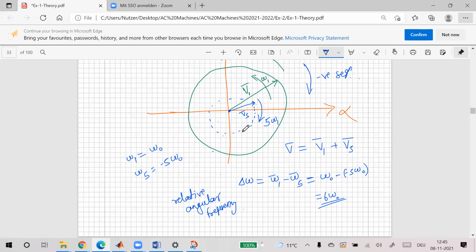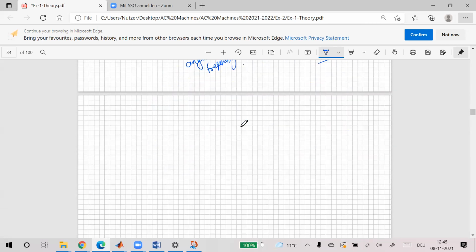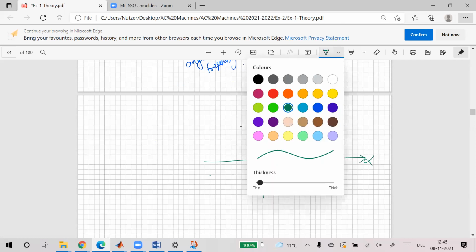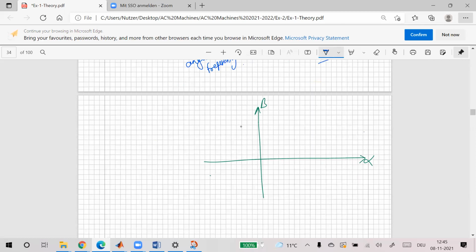And you can also see it another way. Let's say this is your alpha beta graph. This is your fundamental component, and on top of that you will have the fifth order. Initially the initial phase for both is the same, so in the beginning they will be like this. When they start rotating, after some time they come here.